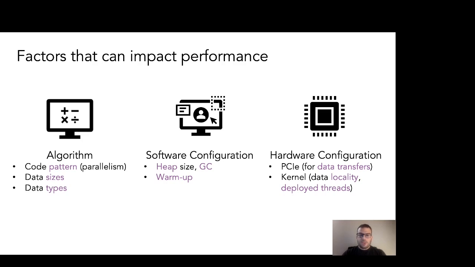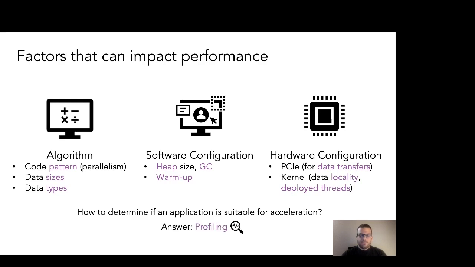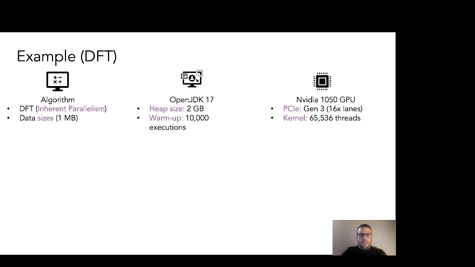Now, a rational question that emerges is how can we determine if an application is suitable for acceleration? And the answer to that is by profiling. In this slide, I will use an example, DFT, which is an algorithm that is used in digital signal processing and image processing.